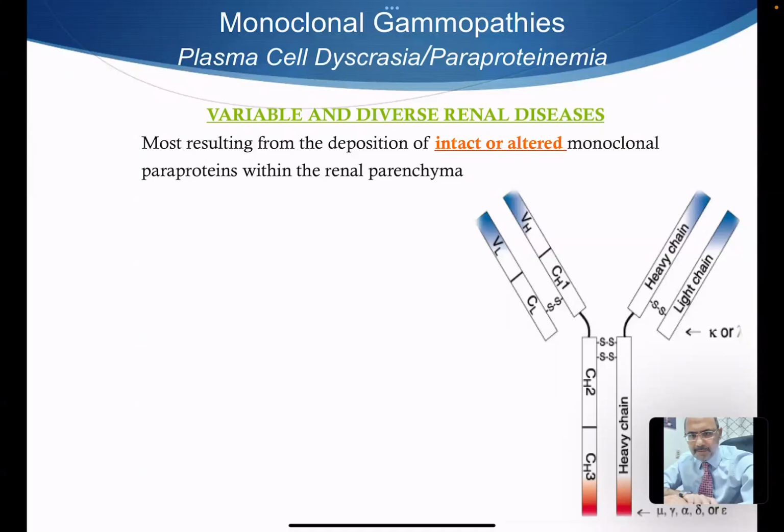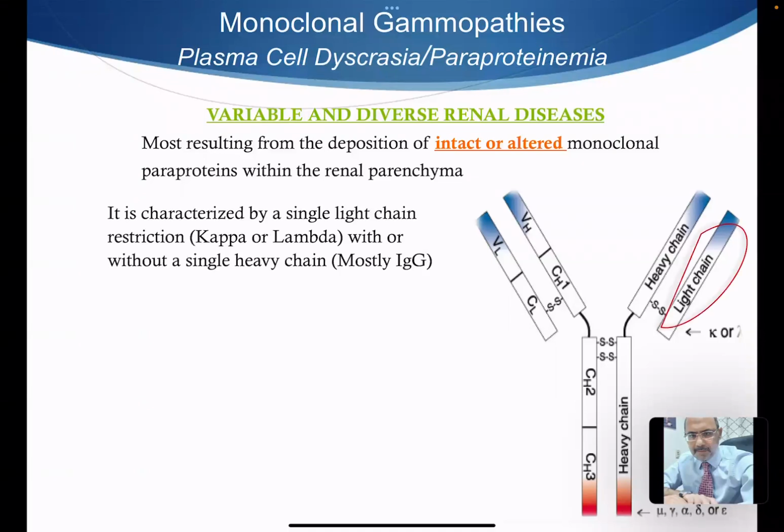And usually the renal disease occurs from the deposition of either intact or altered part of the monoclonal immunoglobulin in the renal parenchyma, which is not always the glomerulus, but it could be the interstitium, the tubule, and even the blood vessel in cases of amyloidosis.